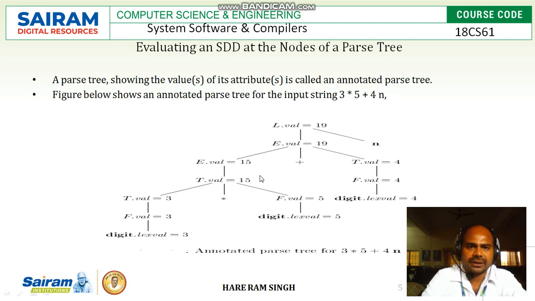Next, evaluating an SDD at the nodes of a parse tree. How can we evaluate? Suppose we have the input string 3 into 5 plus 4n. How can we write the annotated parse tree? First of all, we will see what an annotated parse tree is. A parse tree showing the value of its attributes is called an annotated parse tree.